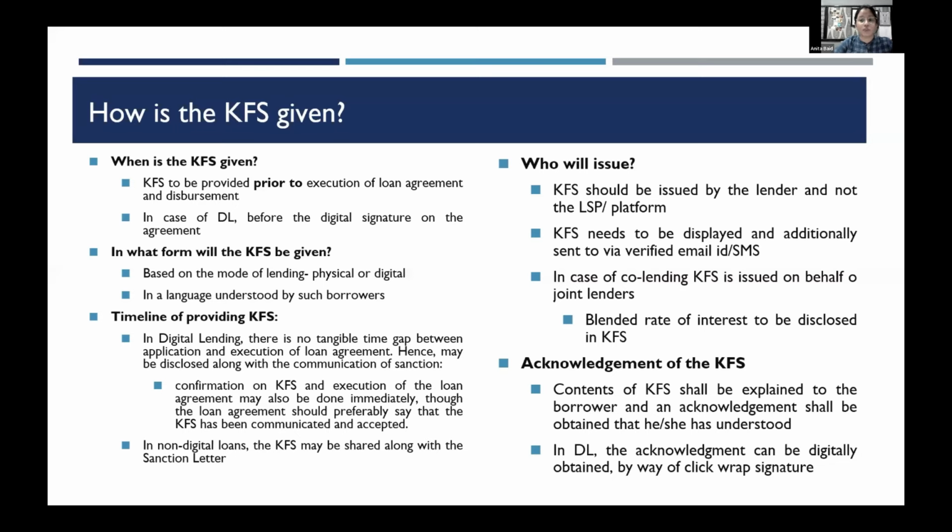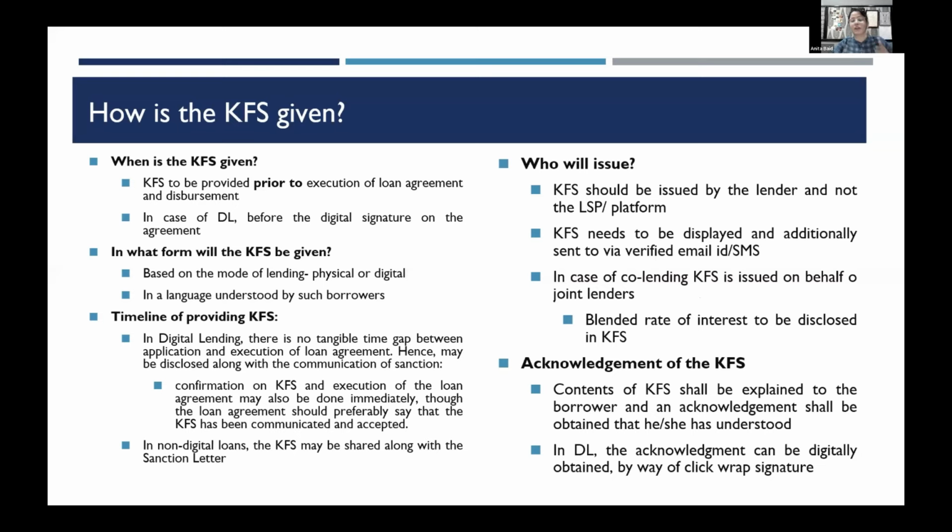Now, the KFS needs to be displayed and additionally sent via verified email ID and SMS. This is specifically applicable in case of digital lending. Also, the blended rate of interest has to be disclosed in case of co-lending, wherein the KFS specifically requires this kind of disclosure.